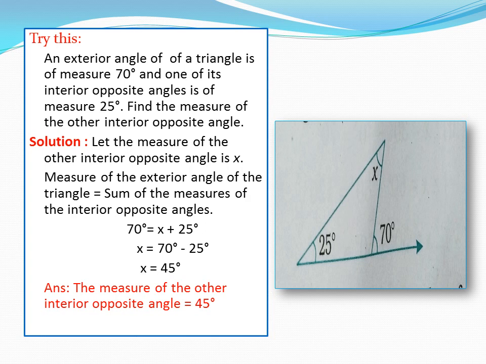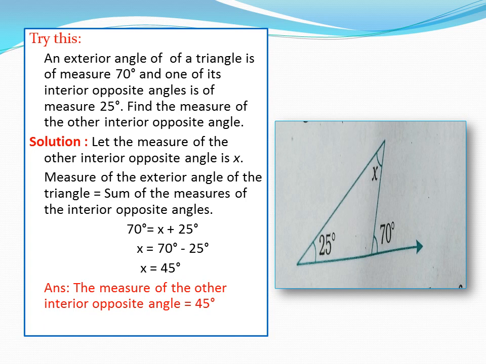But here one angle only is given, the other angle we are giving the name x. So we have to find the measure of x. For that, first of all, 70 degree, that is the exterior angle, is equal to the sum of the measures of interior opposite angles, 25 degree plus x. From this statement we can find out the measure of x.